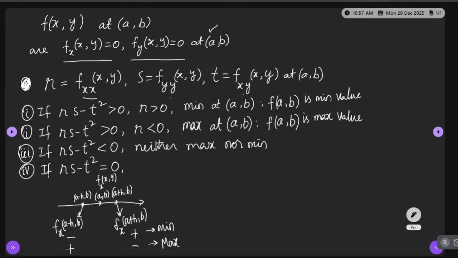Instead of writing it as a sentence, you just write like this. Find the sign of change of fx of xy in the neighborhood of the point AB.